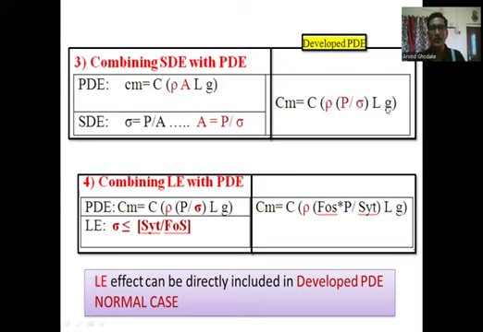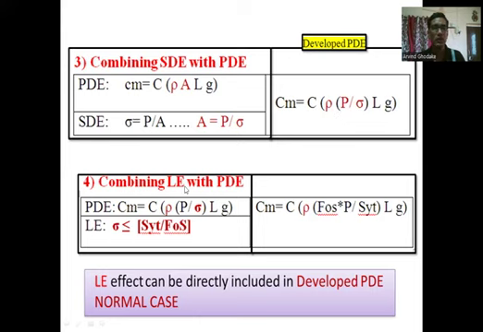So here g is the acceleration due to gravity, L is the length of the bar, P is the axial load or tensile load, sigma is the stress, rho is the density, and C is the cost, where Cm is the minimizing cost. Next, we get the developed primary design equation.